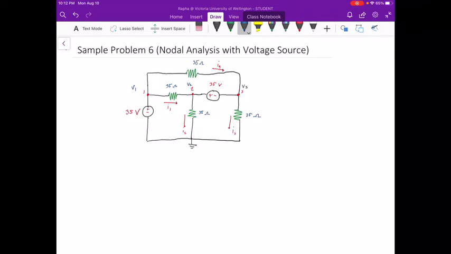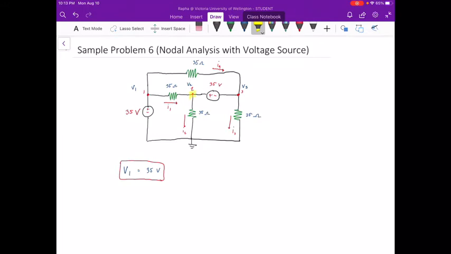According to case 1, V1 is now equal to 35 volts. As simple as that. So we're just going to square it. Then the next thing that we will do is treat nodes 2 and 3 as a supernode.